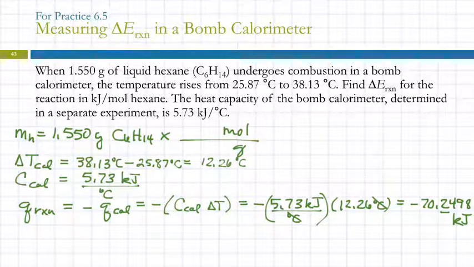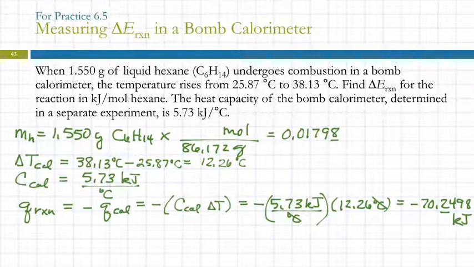So we have to calculate a molar mass. 12.01 times 6 plus 1.008 times 14, 86.172. So 1.550 divided by 86.172. That's got 4 significant figures, 0.0179872 moles.